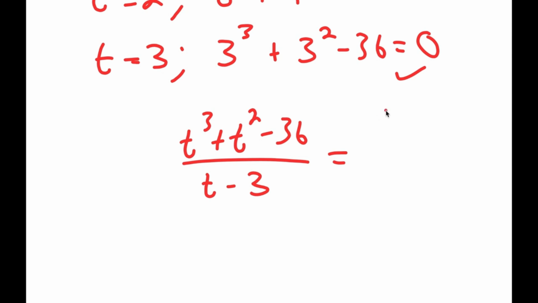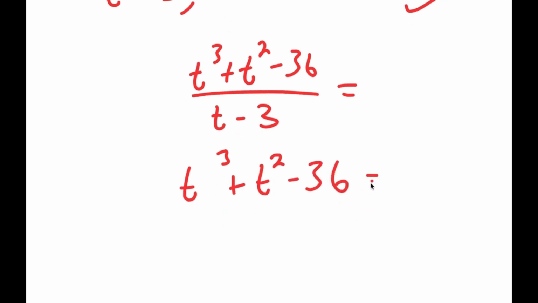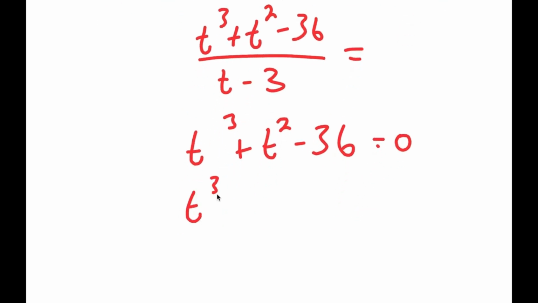Well, t to the power of 3 plus t squared minus 36, I can rewrite as t to the power of 3 minus 3t squared plus 4t squared minus 36.